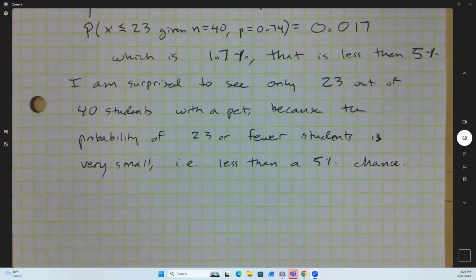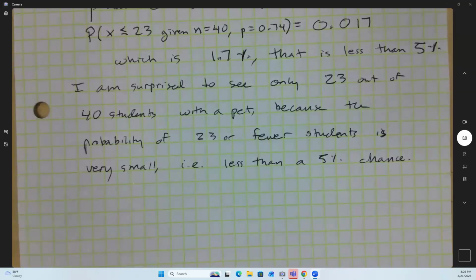Does that mean it could never happen? Nope, because Lloyd would say you're telling me there's a chance. Even if there's only a 1 out of a million chance, there's still a chance of seeing 23 or fewer students out of 40. But it's very unlikely. And as a statistician, we say, good enough for me. That's surprising. There's something interesting going on here.